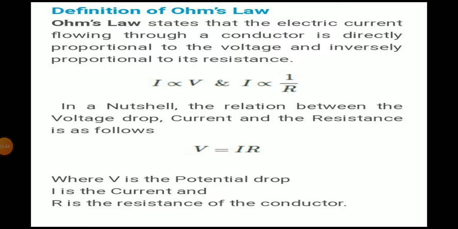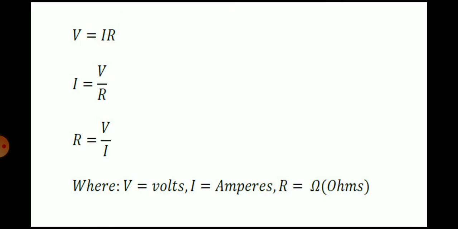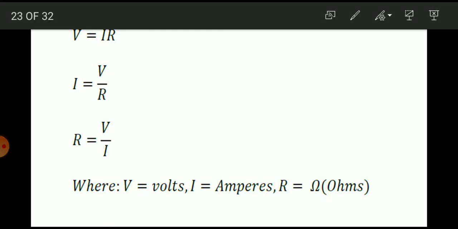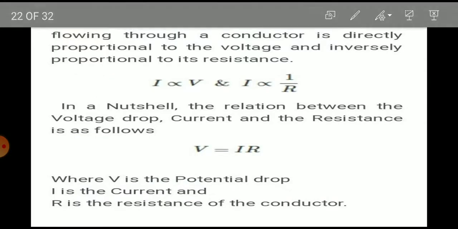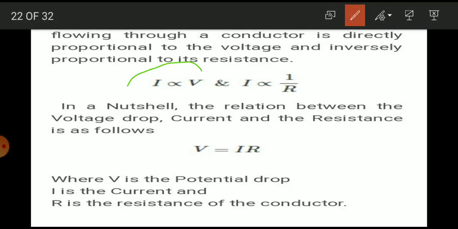Now, the statement of Ohm's law. Ohm's law states that the electric current flowing through a conductor is directly proportional to the voltage and inversely proportional to its resistance. You cannot write that V is directly proportional to current, because I is directly proportional to voltage.